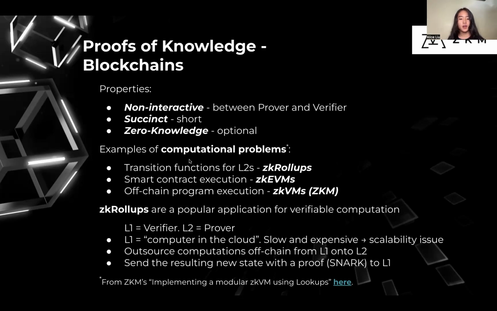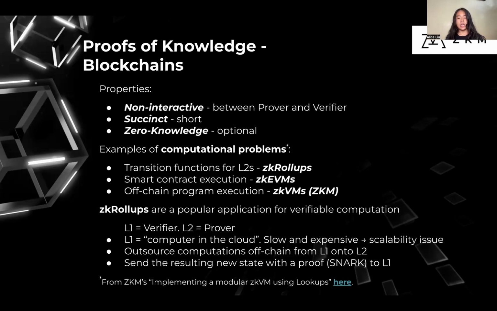And the types of computational problems that these proofs of knowledge can apply to are, for example, ones with transition functions for L2s. We see this a lot in ZK rollups. Essentially, the L1 acts as the verifier, while the L2 acts as the prover. So the L1, for example, could be Ethereum.